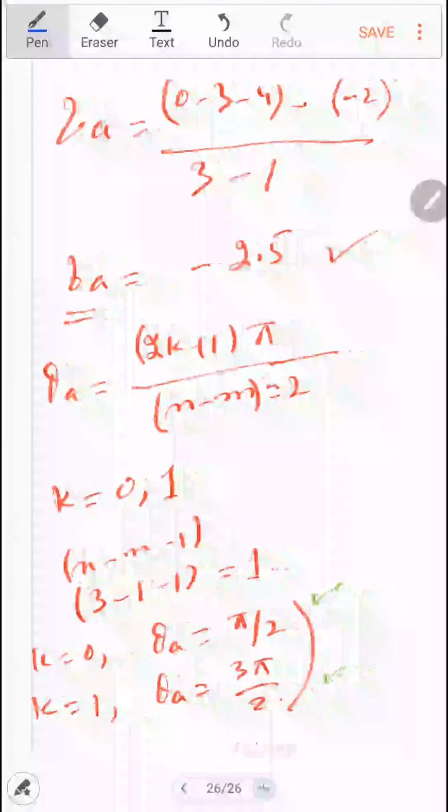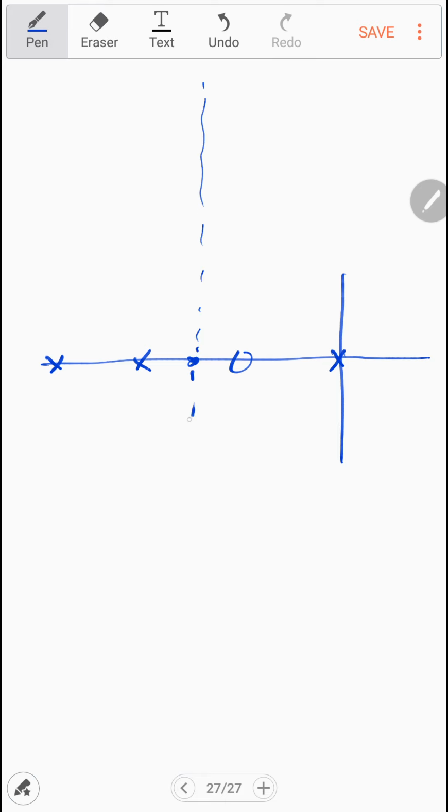So if you redraw this one, you can see that we have one over here, and then we have the 2. This is the point of intersection, so it will go like this, and then we draw the root locus, which is this one.